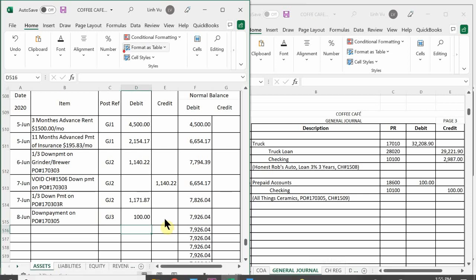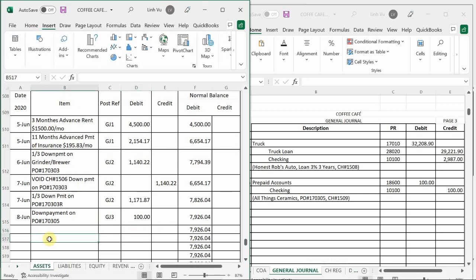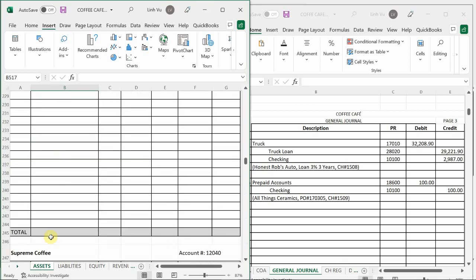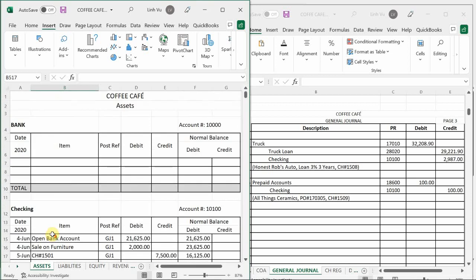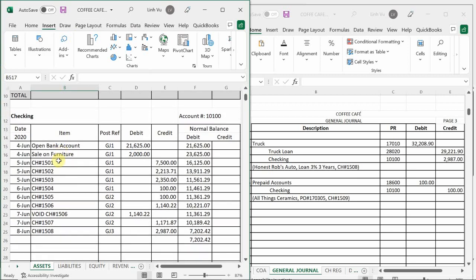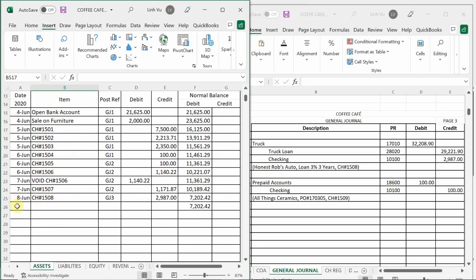And now, let's see. I need to go ahead and go up to my checking account. Okay, because I end up cutting another check.